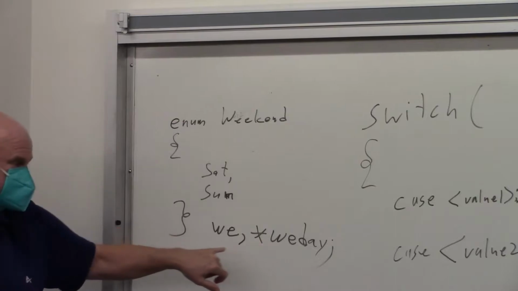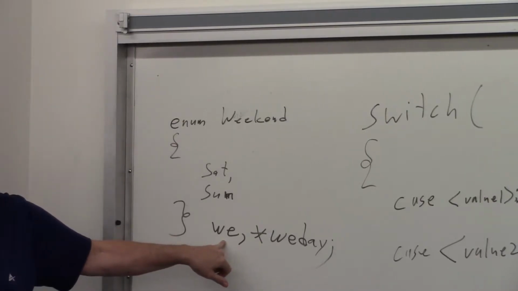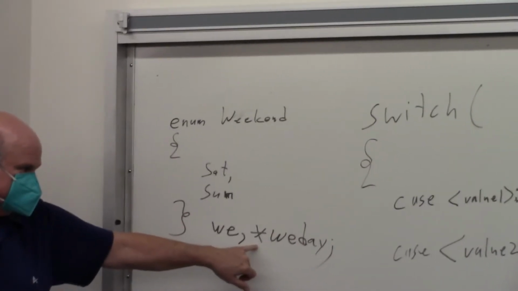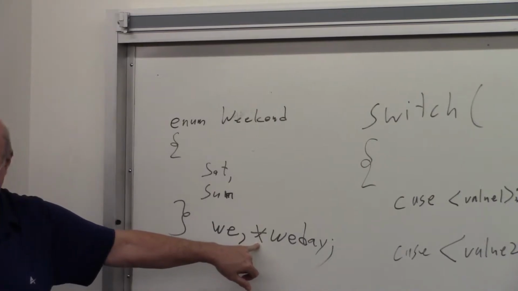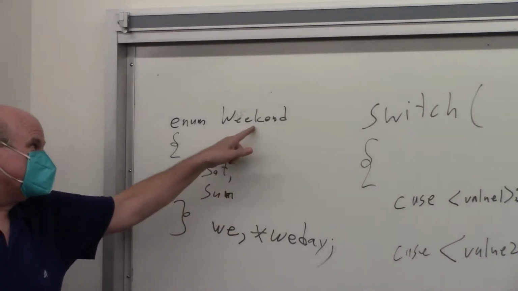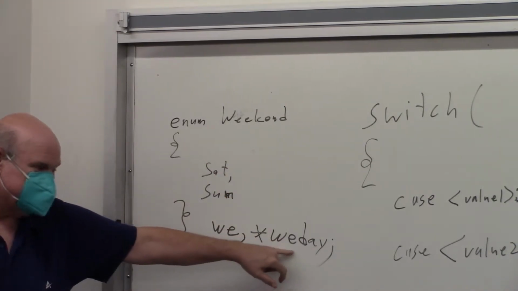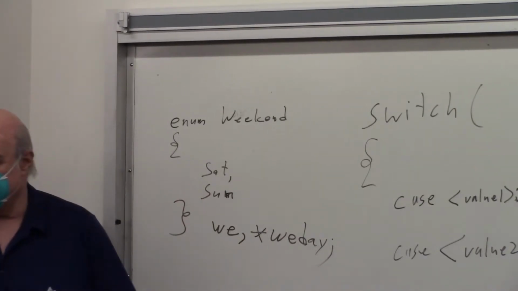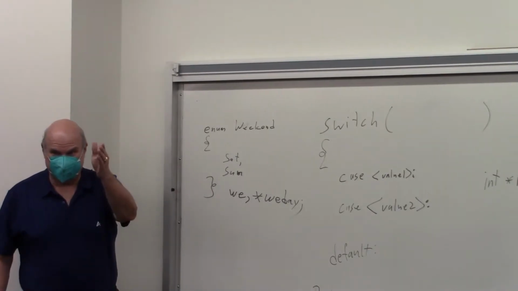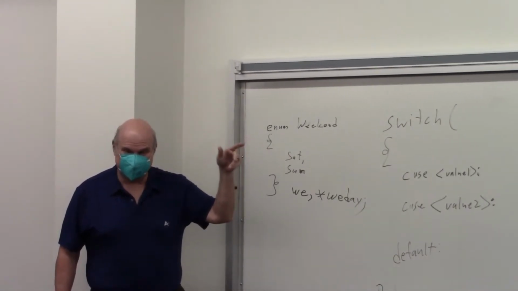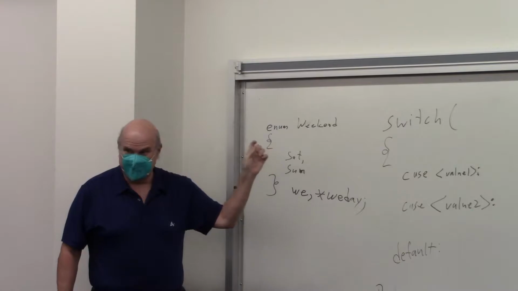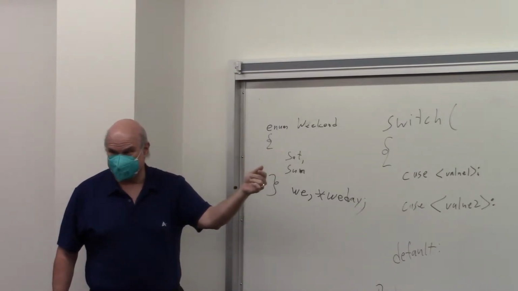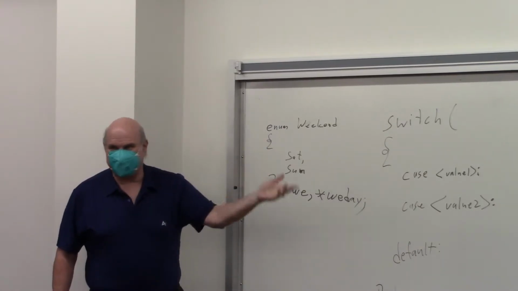This declares a variable called weekend, that is just an enumeration. This declares a pointer variable, a weekend pointer called weekday. That's why. But it'll compile either way, whether you put the star next to the variable type or next to the name.